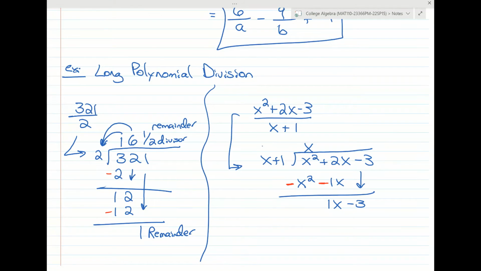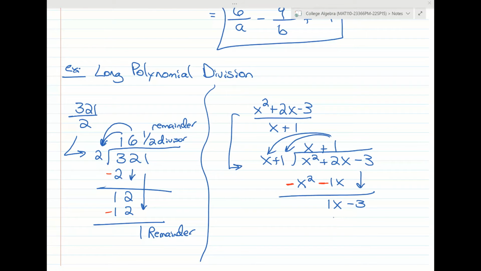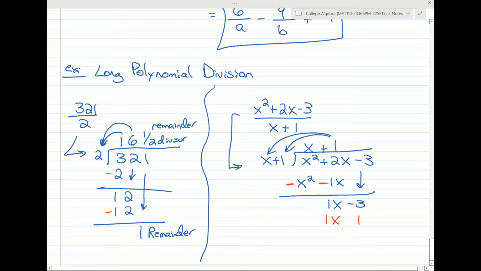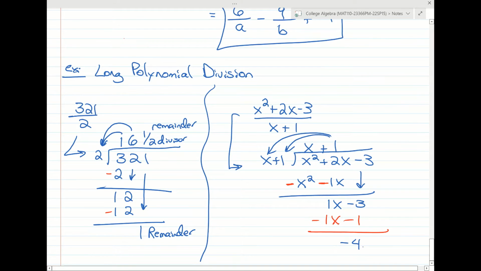X times what is 1x? Remember, we always look at the first terms. The answer is just 1. Then we multiply and subtract. 1 times x is just 1x, plus 1. But then we have to subtract them, and we get negative 4.